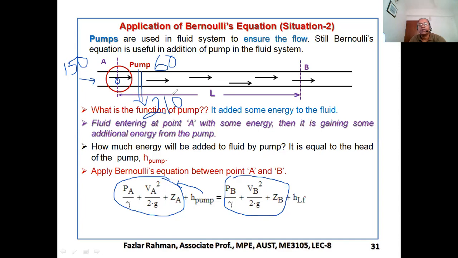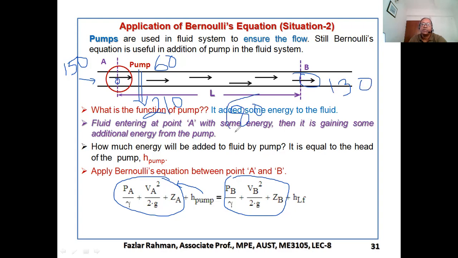Now you're sitting by another friend, and he's stealing your candy one by one on the way. Say he steals 80 candies. So at point B, when you're coming home, how much candy will you have? 130.